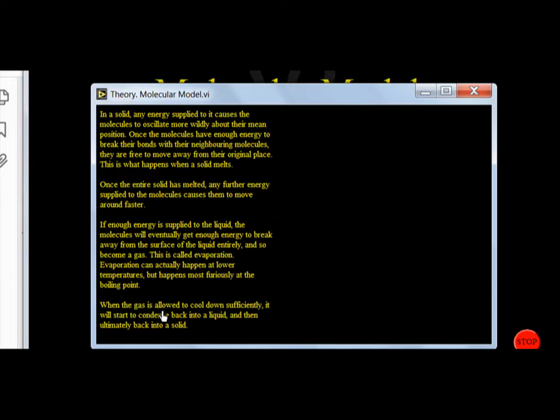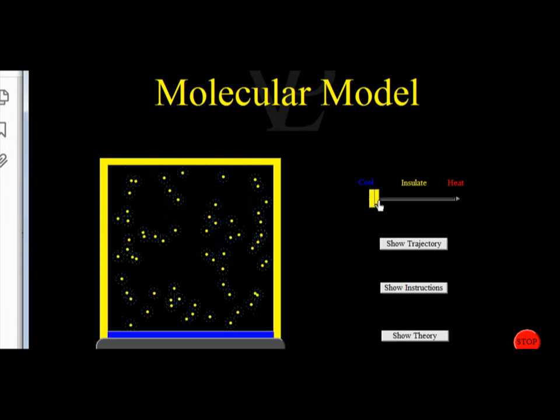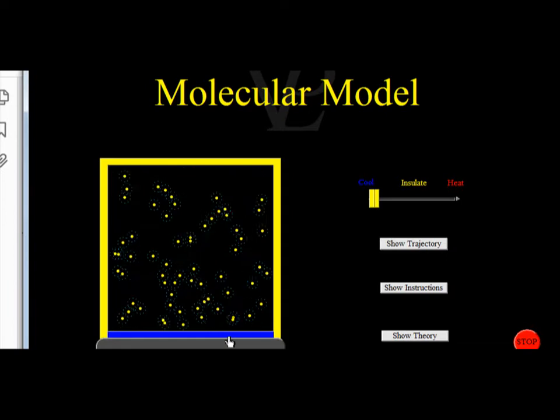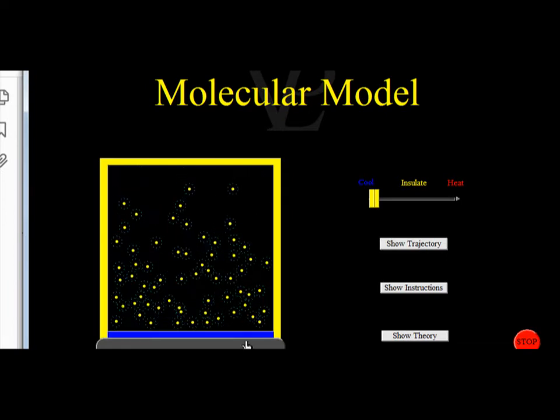When the gas is allowed to cool down sufficiently, it will start to condense back into liquid and then ultimately back to a solid. Okay, so if we cool down our substance, you see we've removed the heat. You see the opposite of what was happening happen.